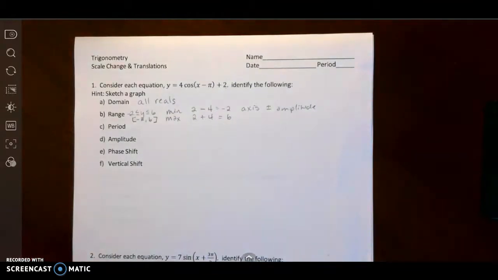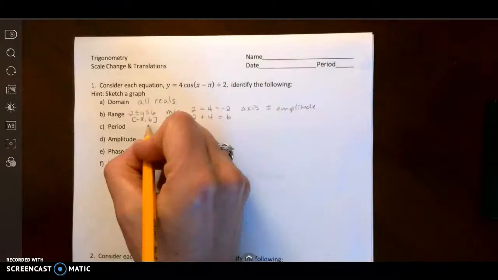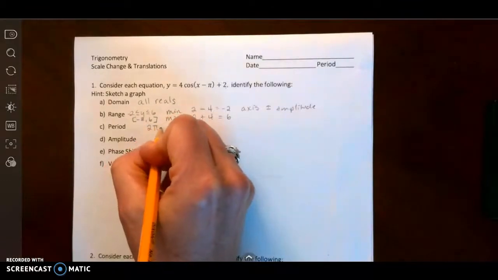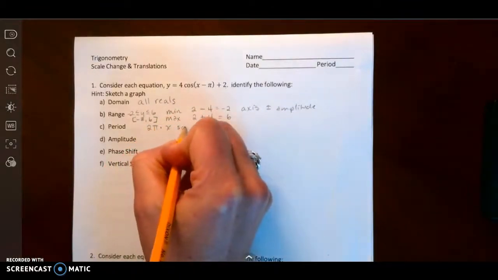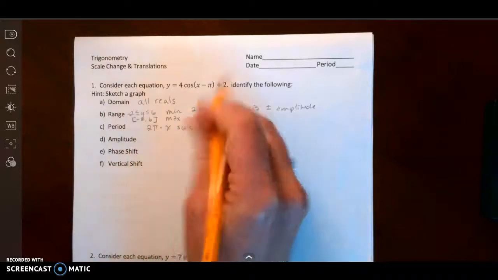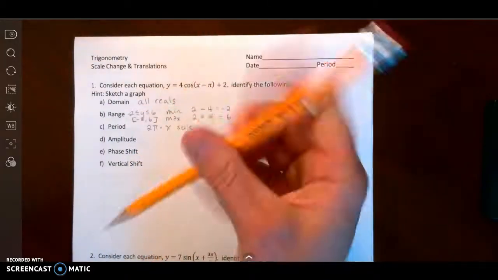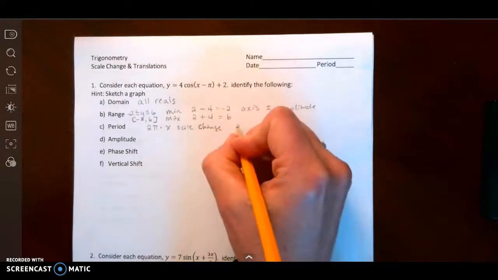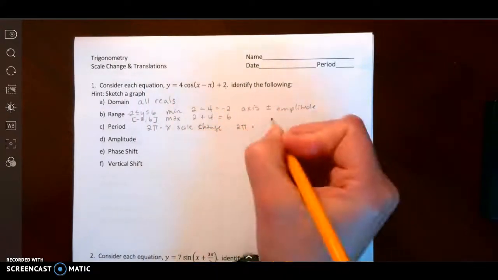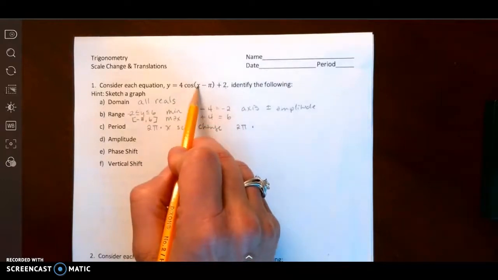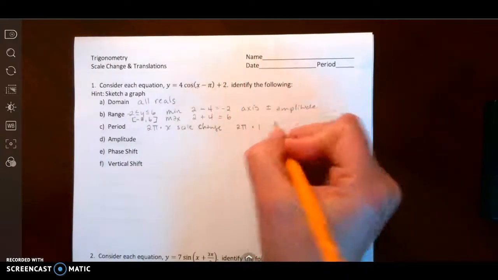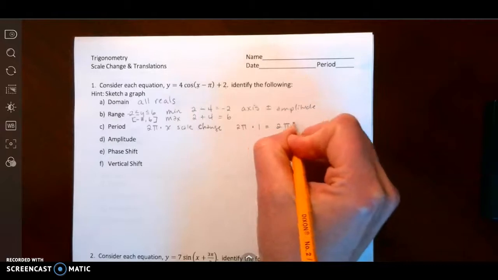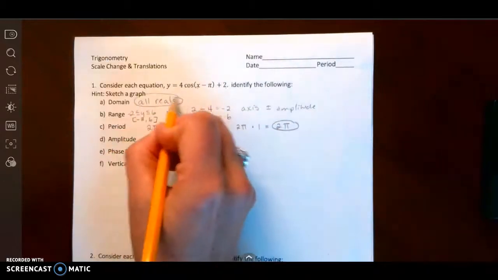All right, my period, we have to remember, is always 2 pi times the x scale change. So that's going to be 2 pi times, look at what x is being multiplied by, just 1. So it's still 2 pi. Maybe I should circle these answers.